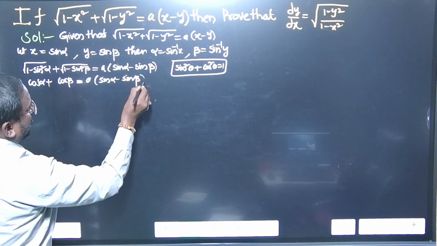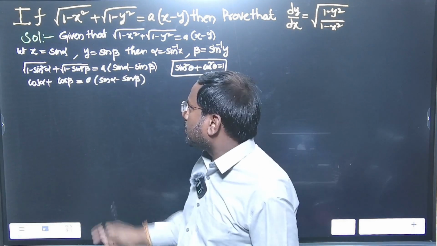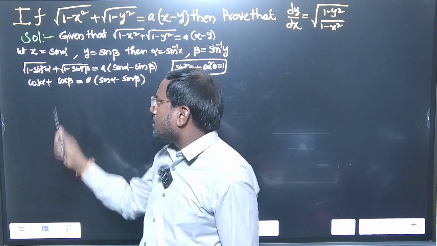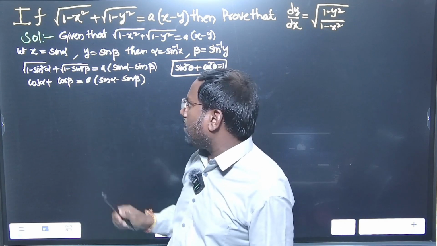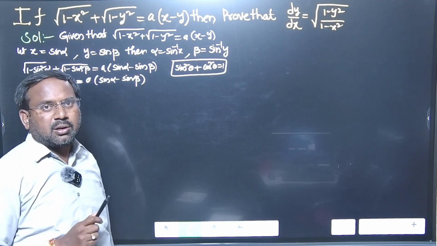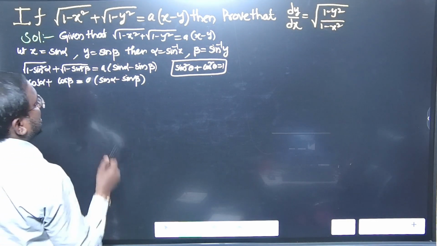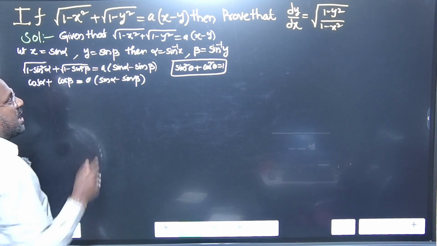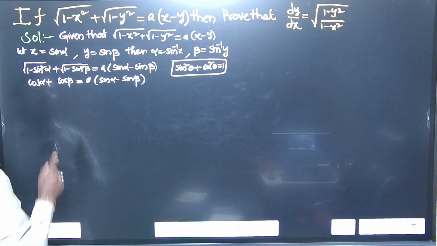Okay students. Now, by observation, the left side cos alpha plus cos beta is in the form of the trigonometric formula cos C plus cos D. Similarly, the right hand side is sin C minus sin D. So students, just recall the formula.